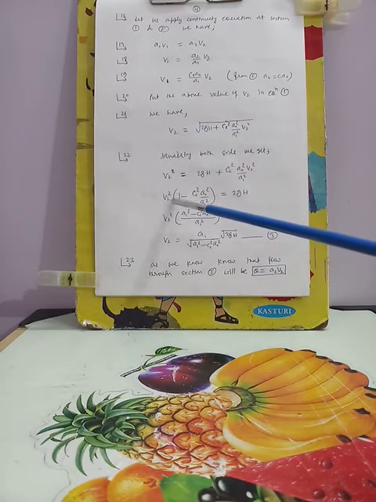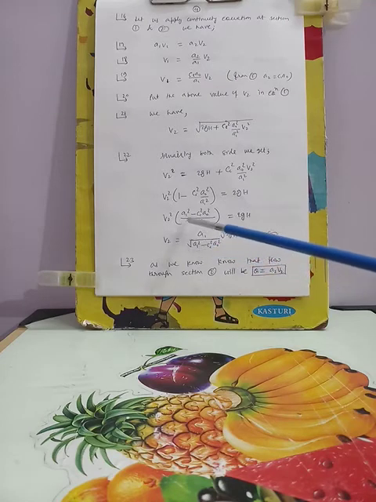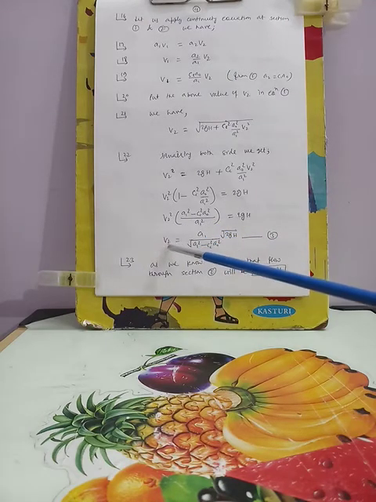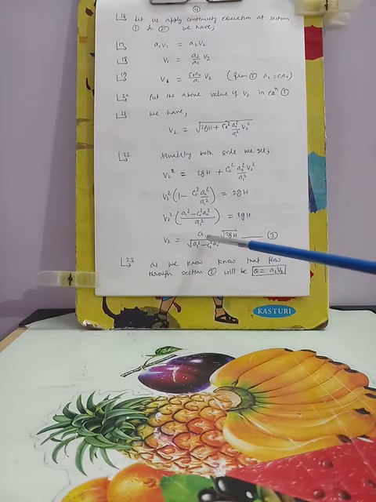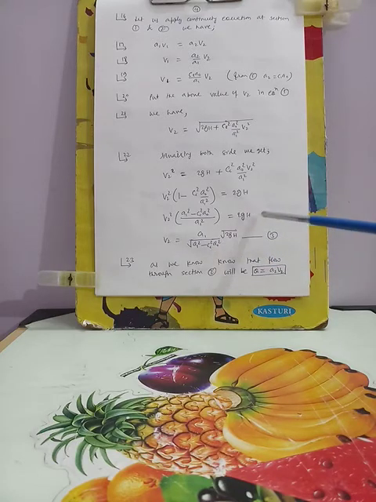Now take LCM and write in this format. Finally we will get V2 is equal to A1 under root 2gh by A1 square minus Cc square A0 square.